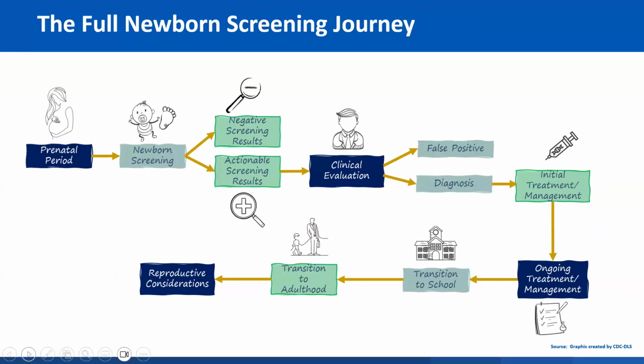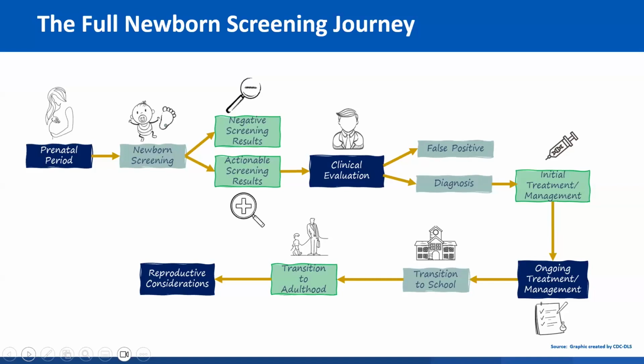So while we've been focusing on the newborn screening process in the previous slides, it is also really important to be able to put this into the context of a journey that would be experienced by the families with a rare genetic disorder. And so we have this slide that shows a very similar workflow, but really from the point of view of a family.